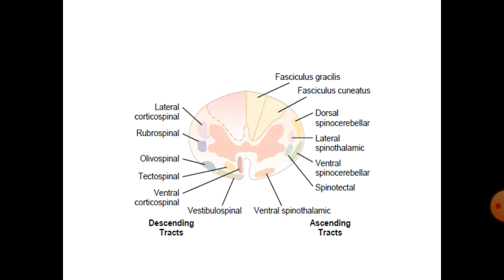That vestibulospinal tract brings fibers from the vestibular nucleus to the spinal cord, and this vestibular nucleus gets fibers from the cerebellum, so that it can control the posture and tone of the muscle.